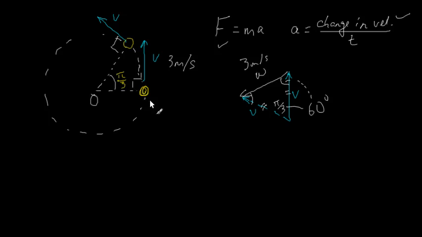And in order to do that, I'm going back to look at this picture here. Instead of looking at this case where the ball has moved from there to there over an angle of pi over 3 radians or 60 degrees, I'm going to imagine that the ball has only moved for a very short time, or over a very small angle.